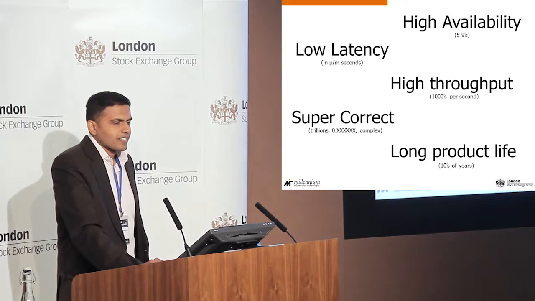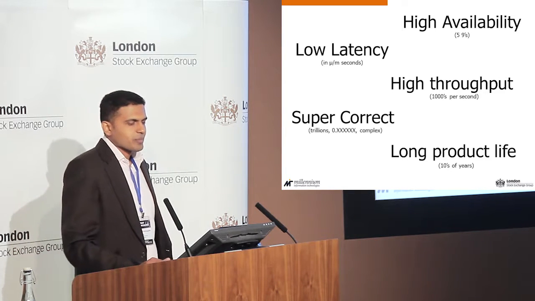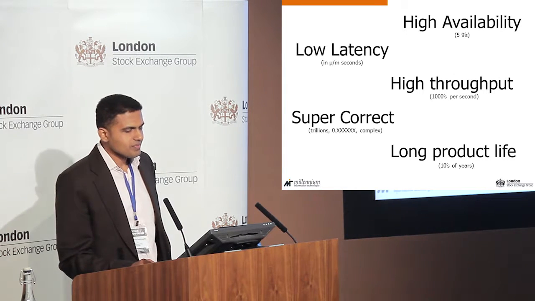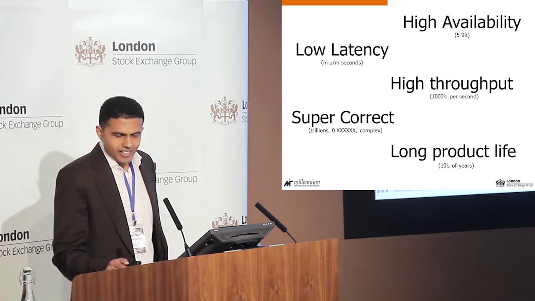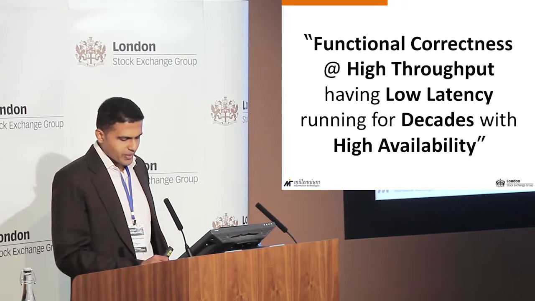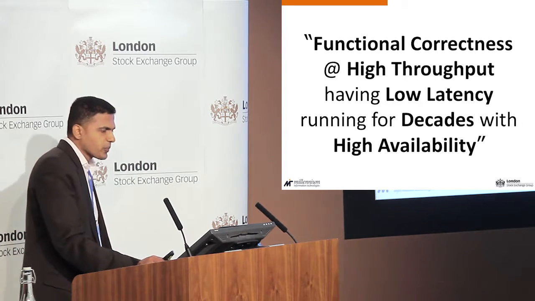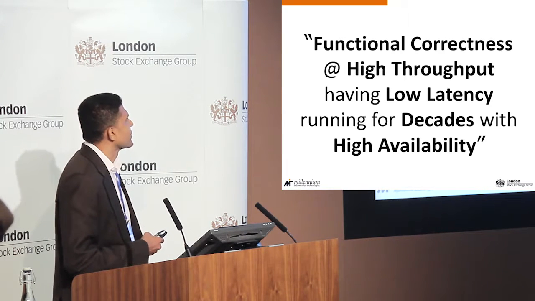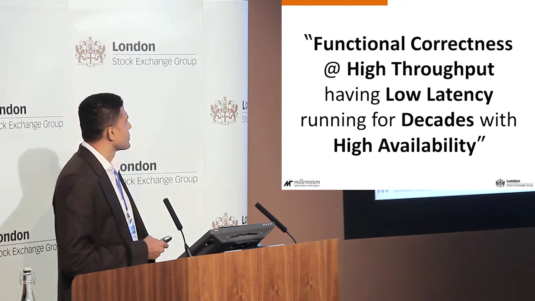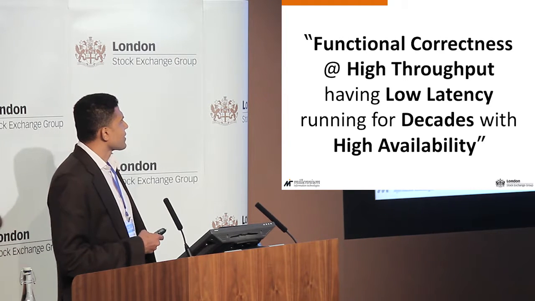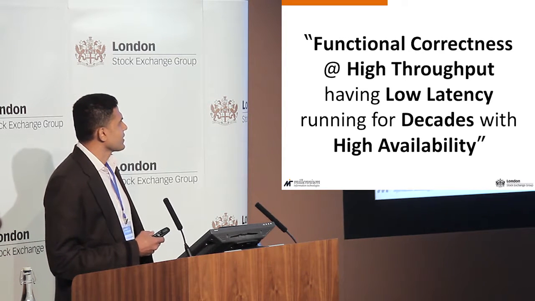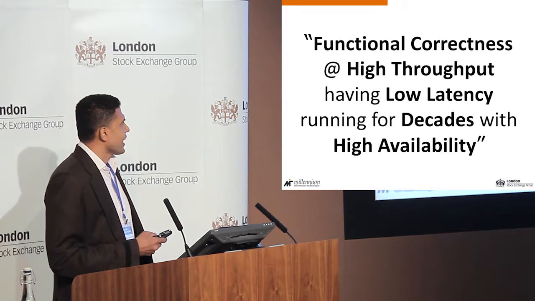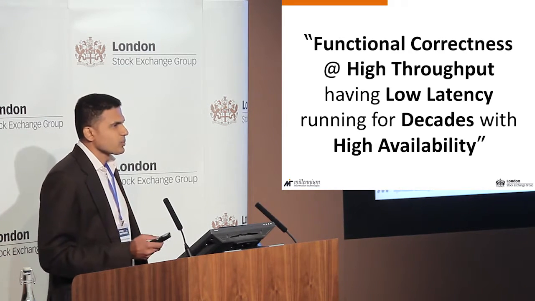So given all this complexity, and given our systems run for decades, when the problem is put forward, I've tried to put the problem in a sentence and see how complicated the problem is. We are validating functional correctness at high throughput, having low latency, and systems running for decades with high availability.